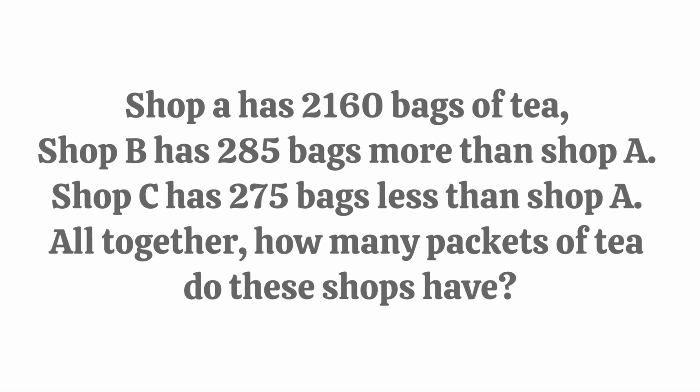Next, let's solve the last question for today. Shop A has 2160 bags of tea. Shop B has 285 bags more than Shop A. Shop C has 275 bags less than Shop A. Altogether, how many packets of tea do these shops have?